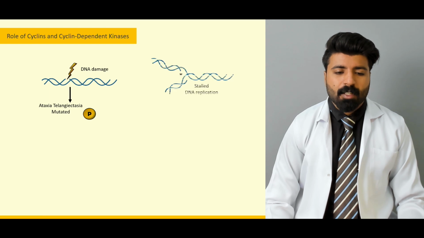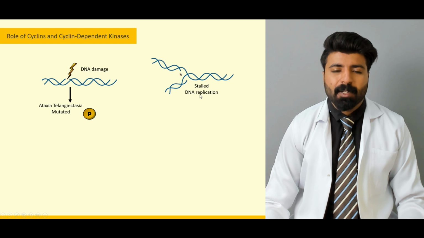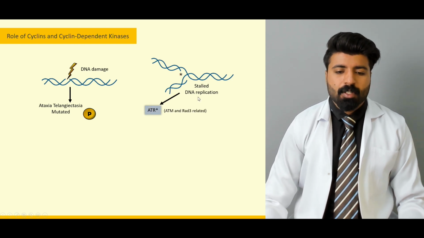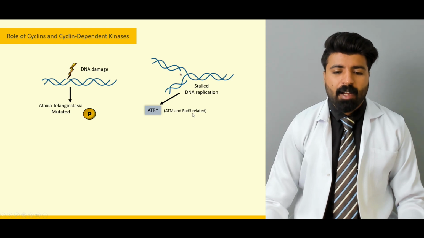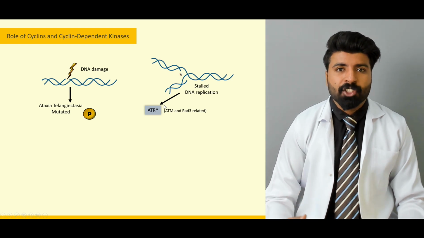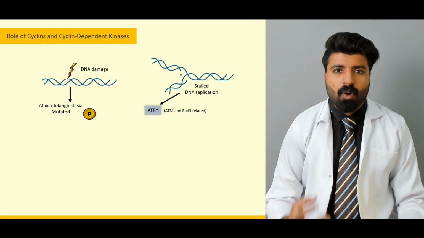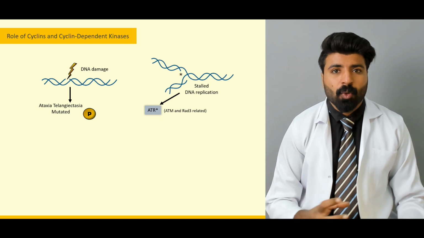What happens is that this phosphate group will be here, and stalled DNA replication will be seen. DNA replication is now stalled. So ATM and RAD3-related ATR will be produced. Now it's not normal. It's not going in the direction it's supposed to go. It's not going to synthesis.